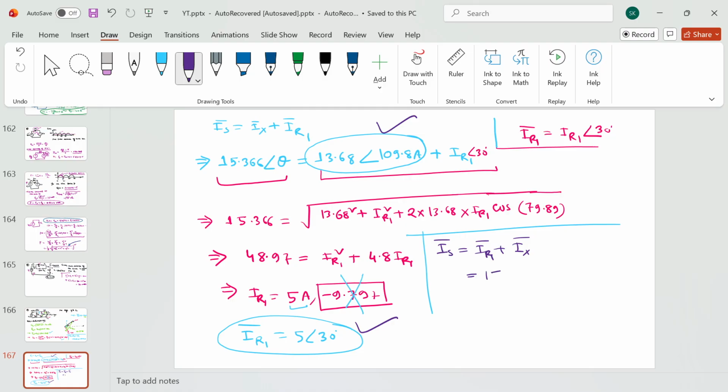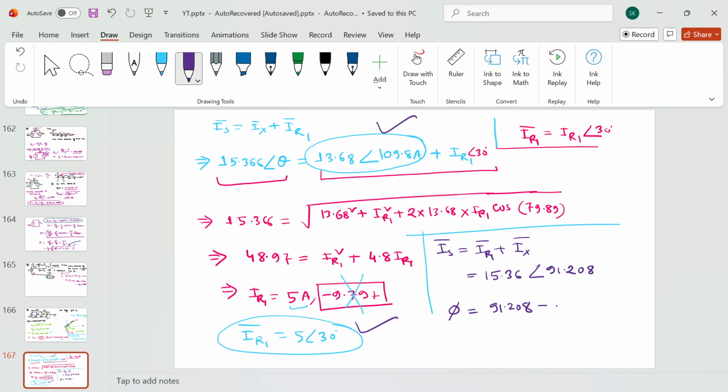So the magnitude you already know, 15.366 at an angle of 91.208.